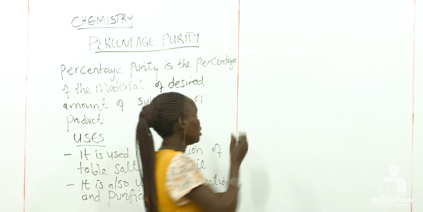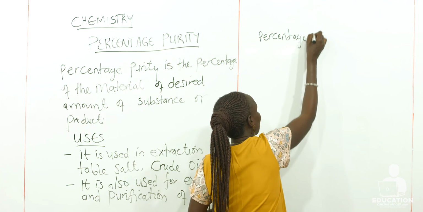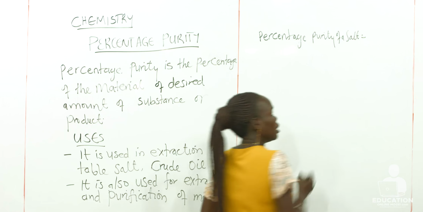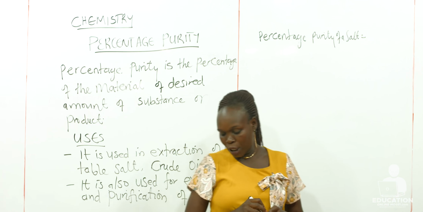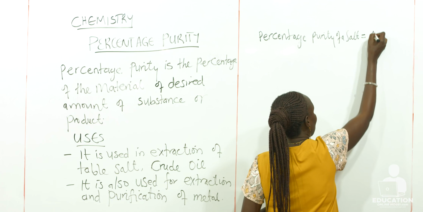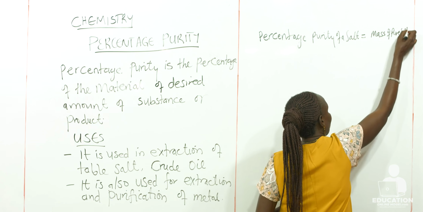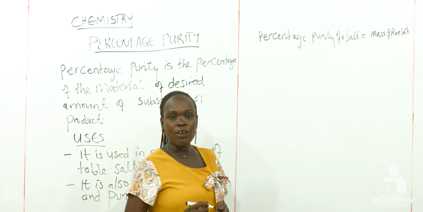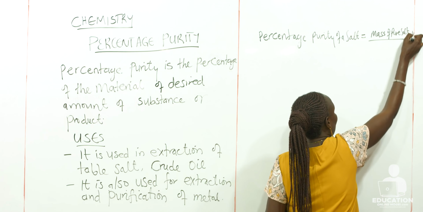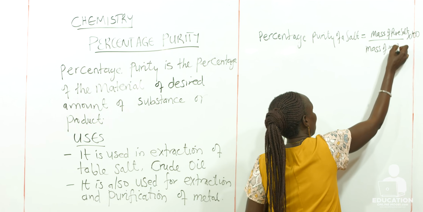So the formula for getting the percentage purity of a salt is: percentage purity of a salt equals the mass of pure salt divided by the mass of impure salt, multiplied by 100.